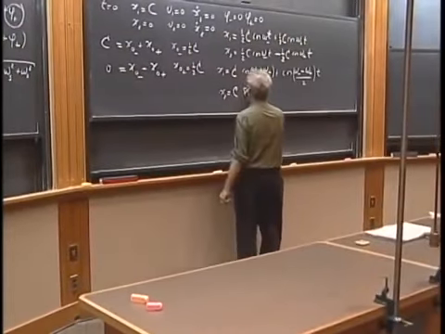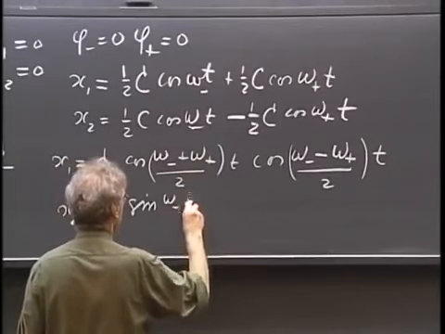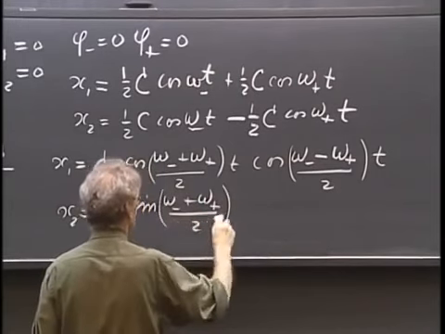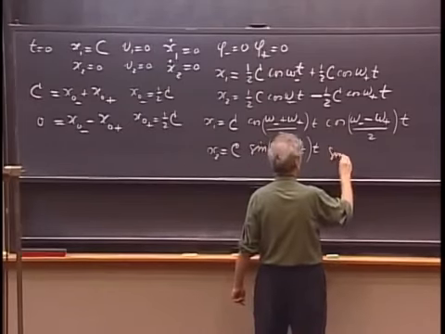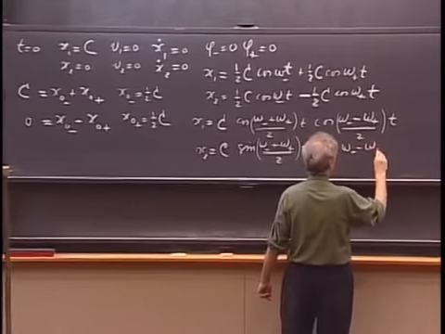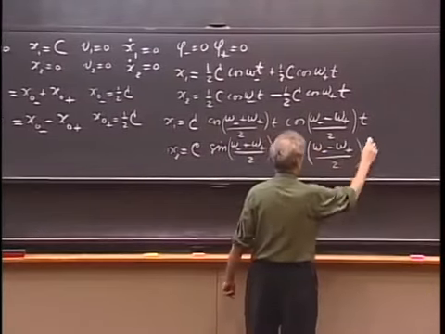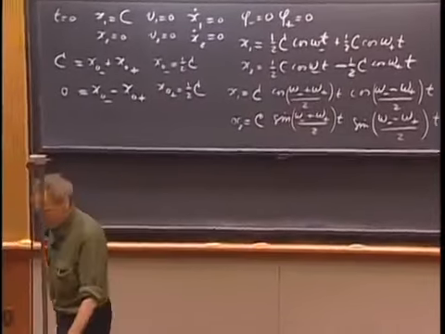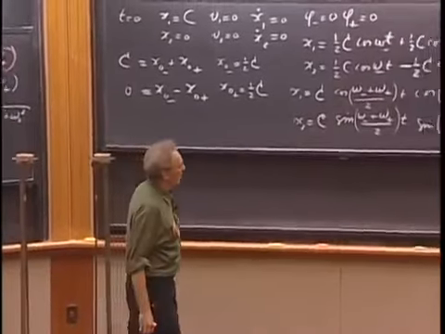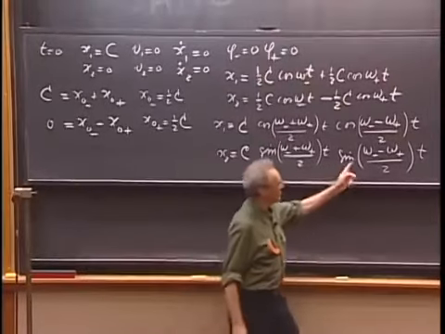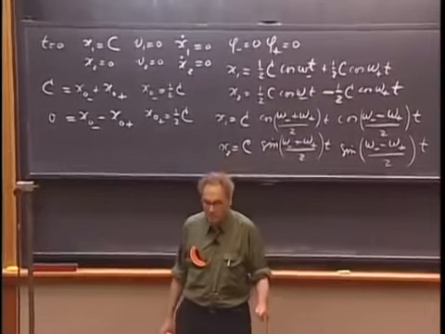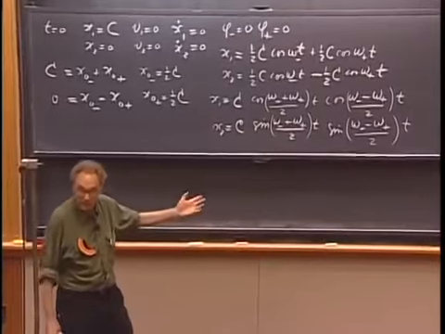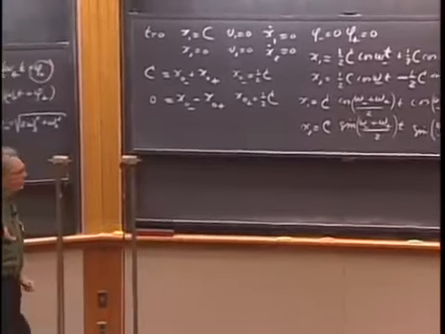So now I get here the sine of omega minus plus omega plus divided by 2 times t times the sine of omega minus minus omega plus divided by 2 times t. Notice, when t is 0, that the sine of this one is 0. Consistent with our initial conditions, x2 was 0, remember? It's all there. The initial conditions are all there, just written in a different form.